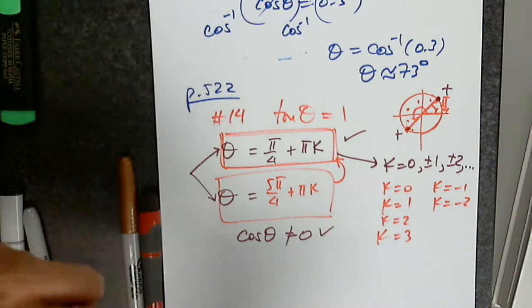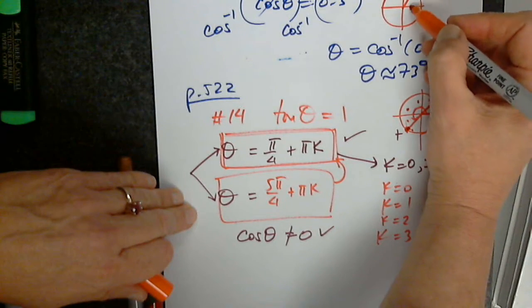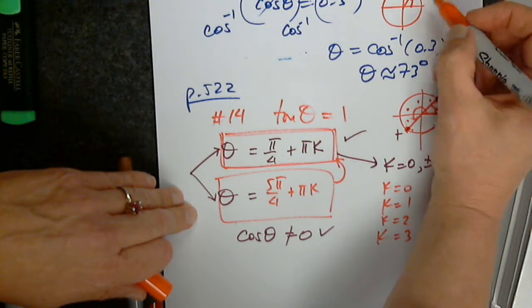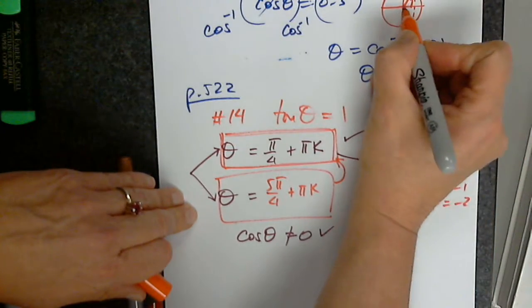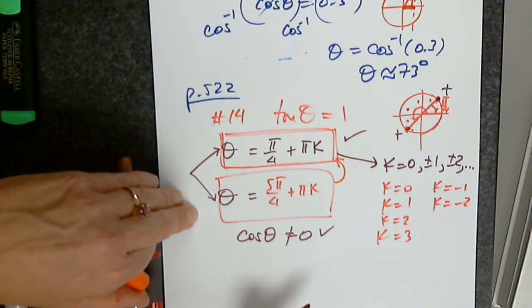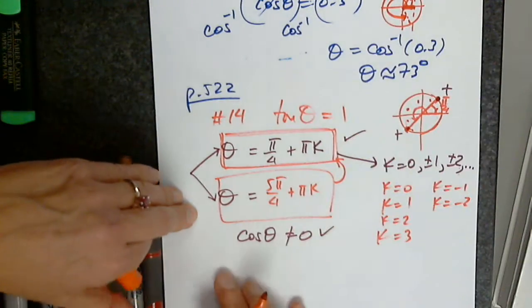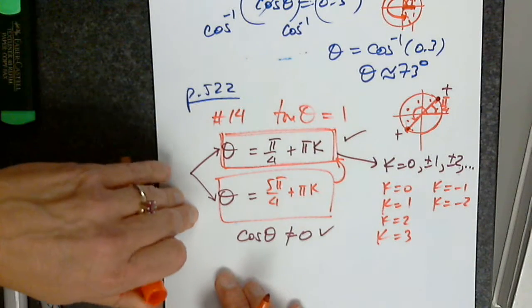Yes, that's a very good question. So here's your 73. On the same vertical, they both have to have the same measure for cosine, which is 0.3. So this is the other angle, which will be 360 minus 73.